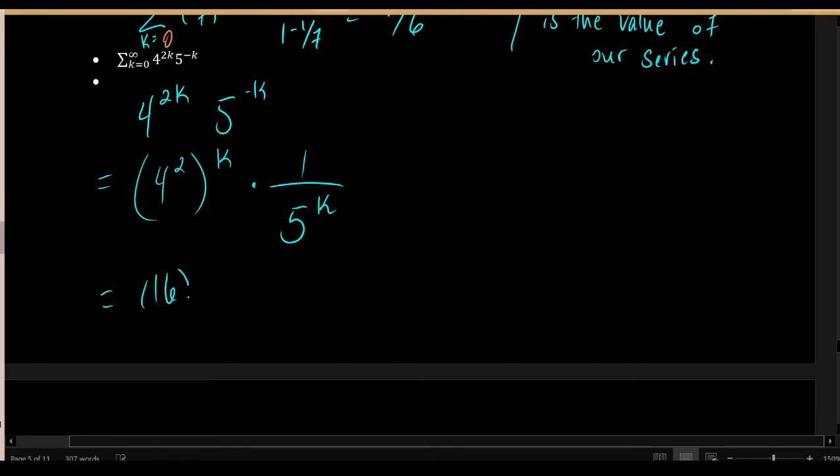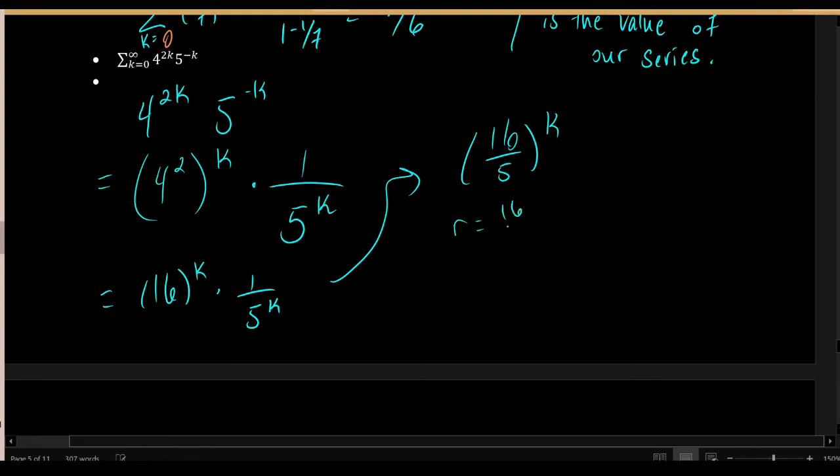So 16 to the k times 1 over 5 to the k. And finally, since now these both have exactly the same exponent, they can be combined. 16 over 5 to the power k. So our common ratio is 16 over 5.